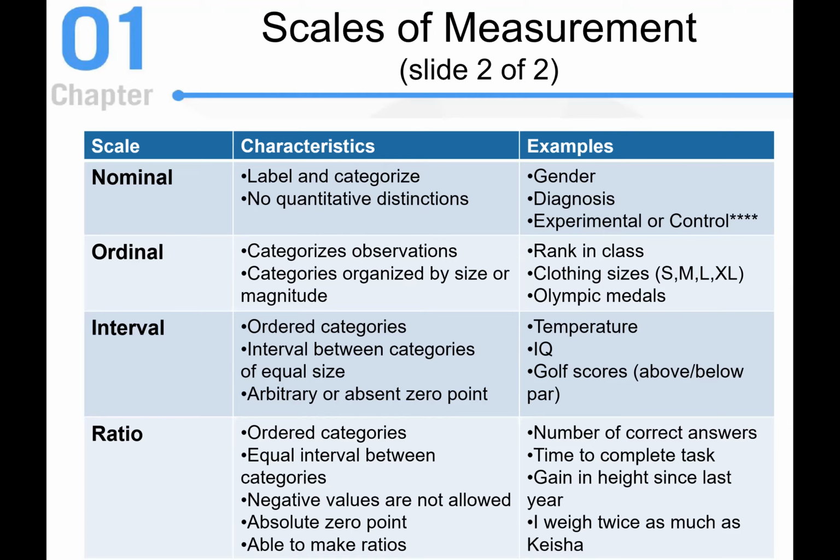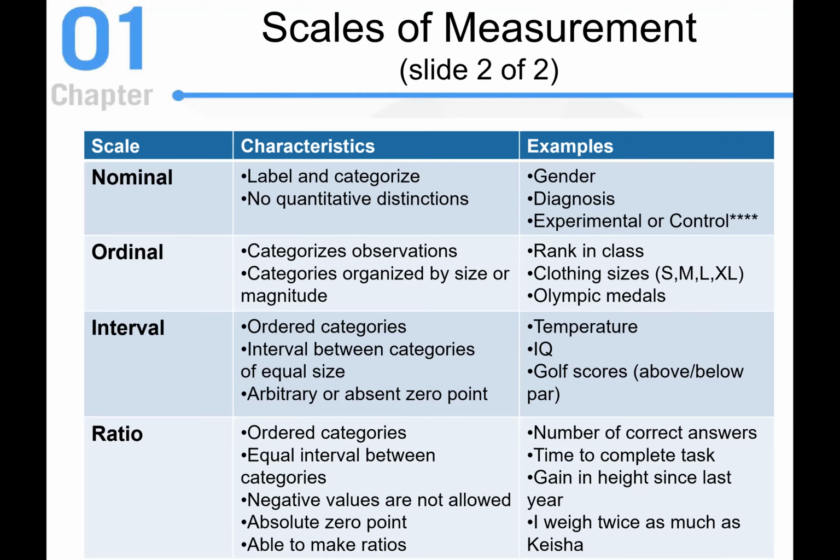However, when we're using either Celsius or Fahrenheit to measure temperature, we're going to have what's called an arbitrary or absent 0. When I mean arbitrary, I mean it doesn't have a true 0.